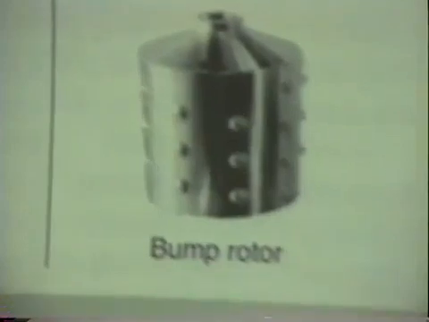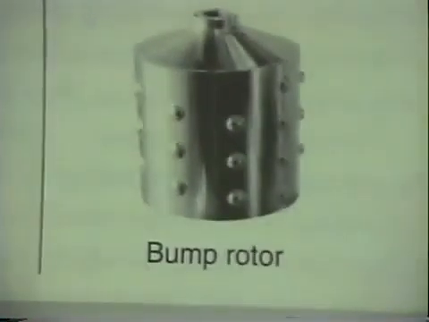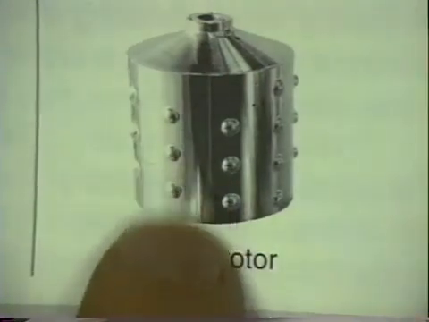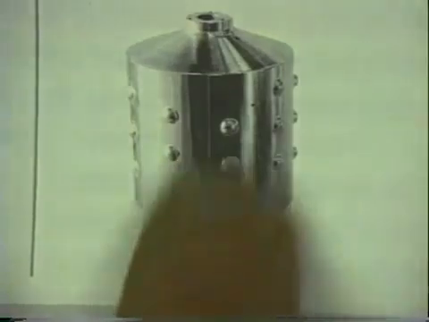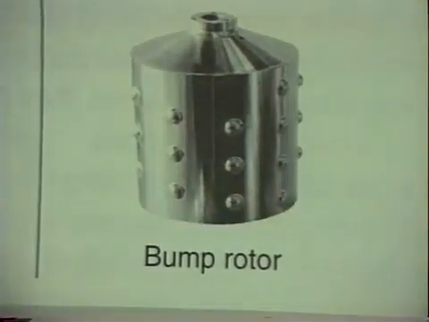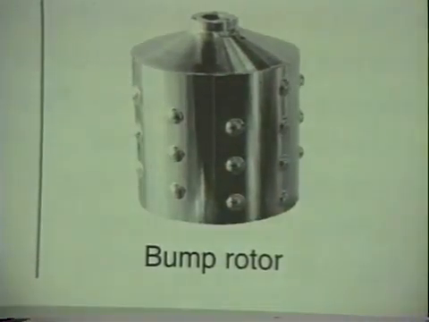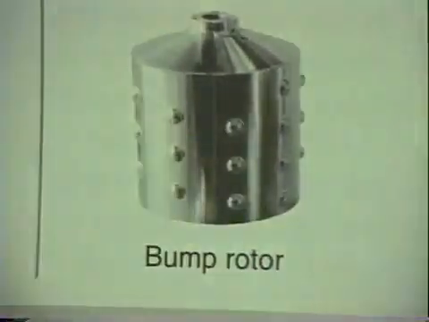And then finally we've got a bump rotor. Okay, so we've got this rotor, and then we have these little individual bumps, and you can see these bumps are off-centered from these bumps, so we're causing disturbances in the pulp mat from these bumps here.